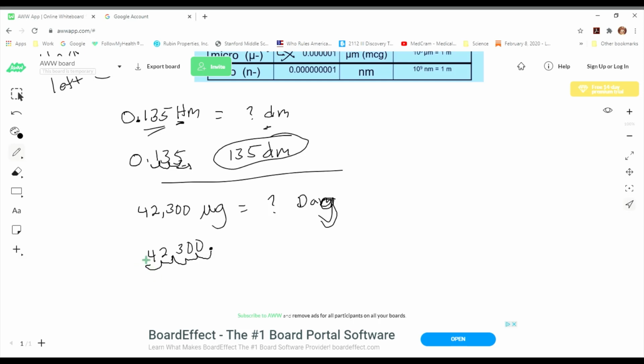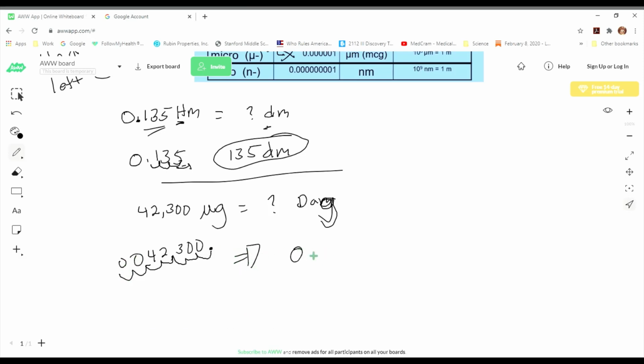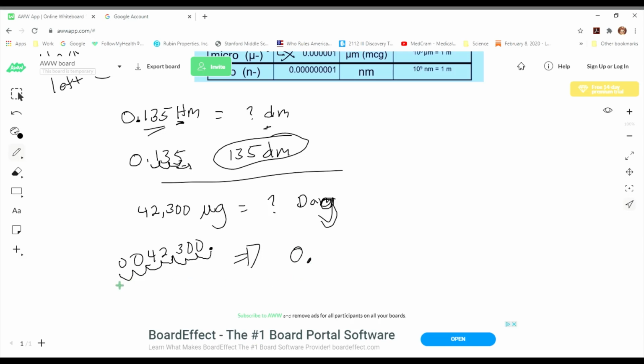So since we have to move it 7 times, we're going to have to include zeros. 6, 7. So we're going to have to add 2 zeros. The first 0 is going to be before the decimal, so it should be 2 zeros after the decimal. 0.0042300 decagrams.